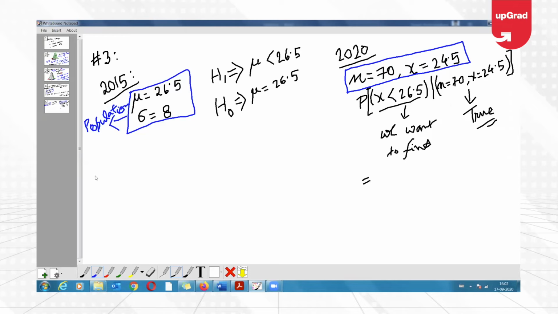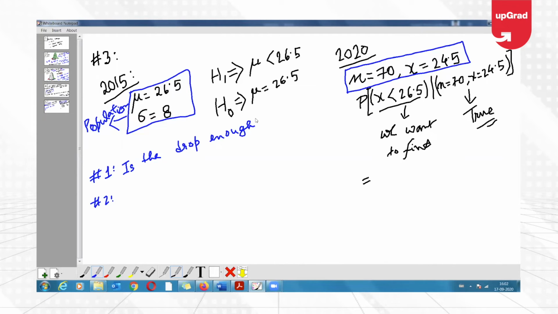So always think that in this case, the two important questions are: Is the drop enough? Is the drop enough for me to conclude that it has actually dropped? Dropped enough means between this and 24.5, right? Is it an enough drop?